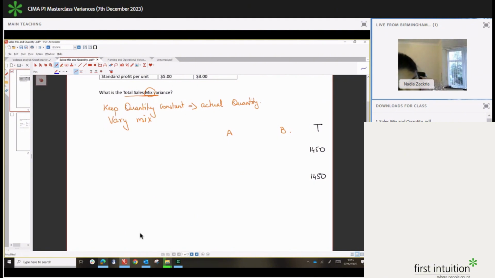I'm always going to work on the should and did method. Should will be the actual quantity into the standard mix. Did will always be as per the question.